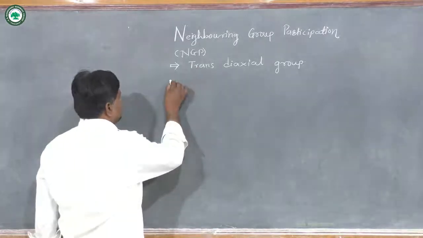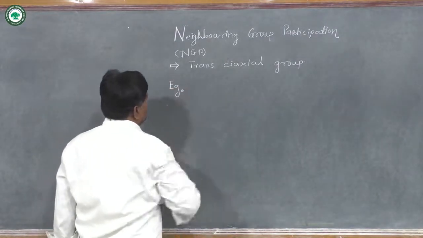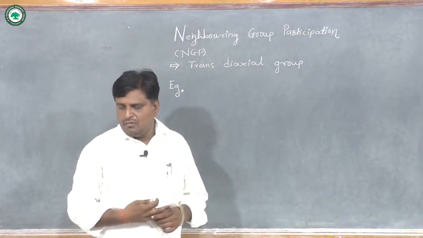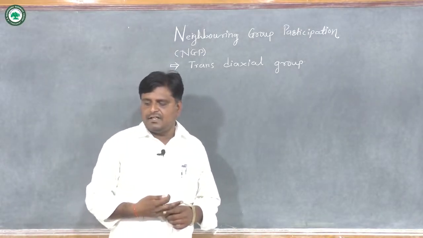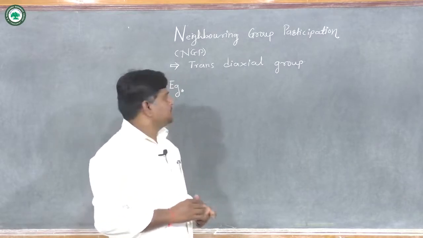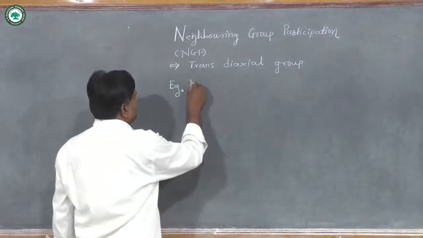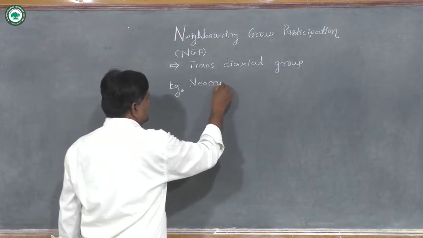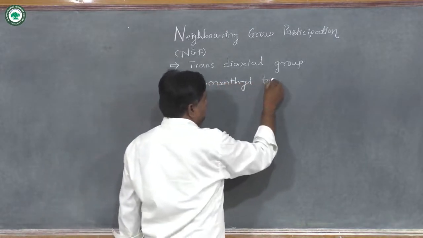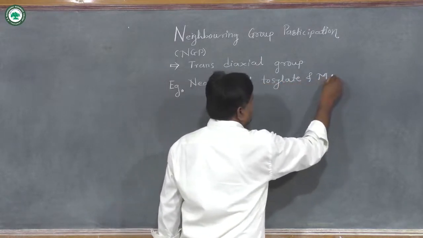So we write the first example: neomethyl tosylate reacts 170 times faster in acetic acid than methyl tosylate.